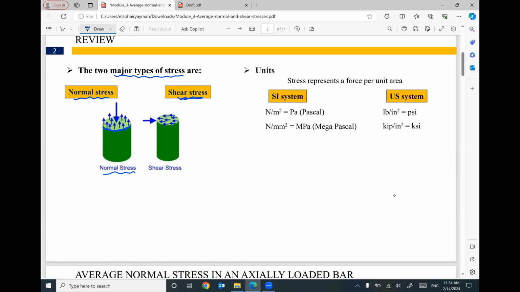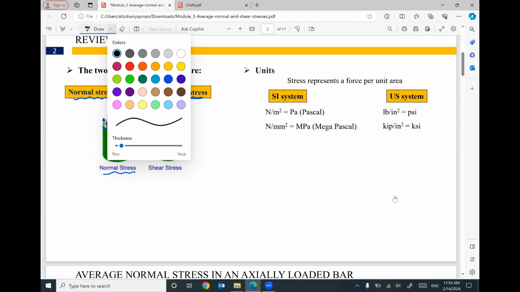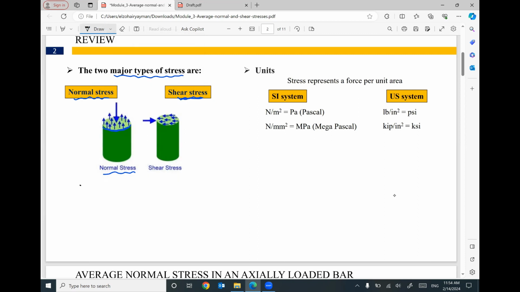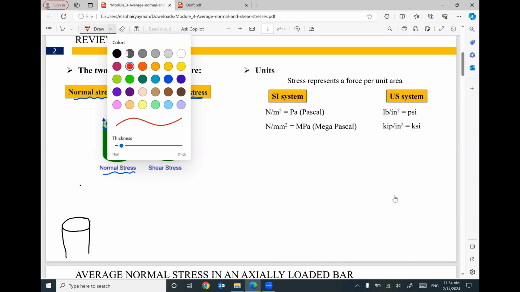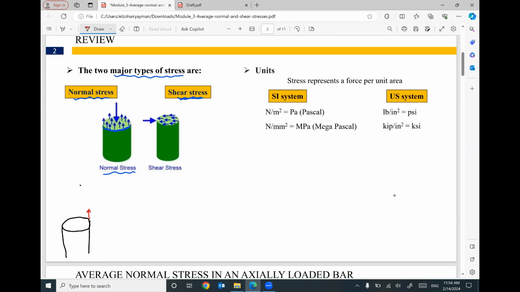Parallel to the cross-section. So just a reminder, for the cross-section under tension, the stress distribution can be something like this. So the stress direction is perpendicular and causing pulling to the cross-section.